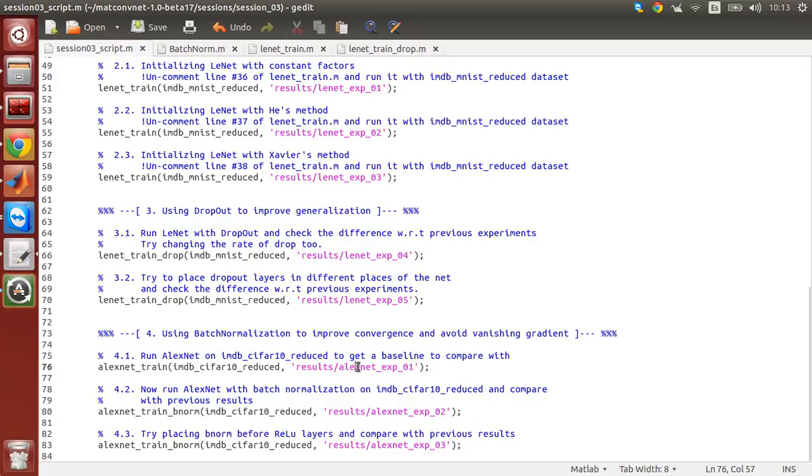So what this operation is trying to do is to make the data always have unitary covariance. This is important because the deeper you go through your net, since we have all these nonlinearities, the more unstable your signal gets.